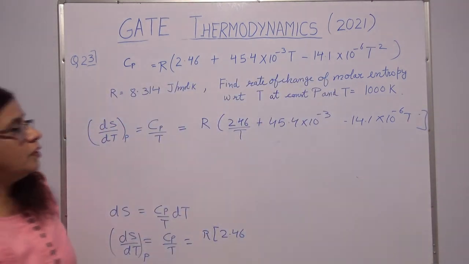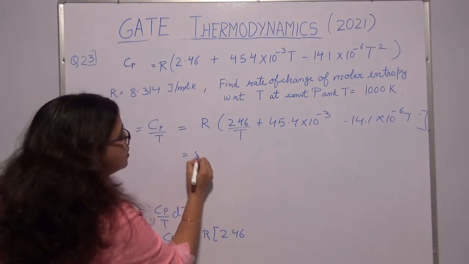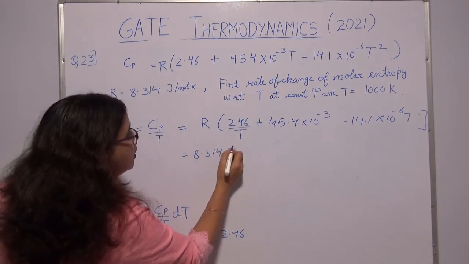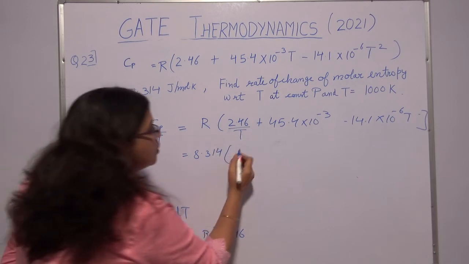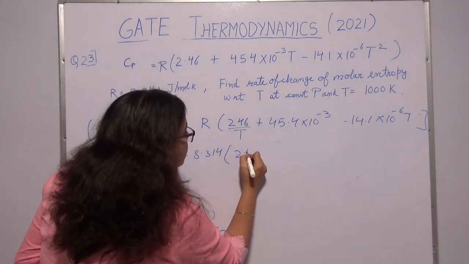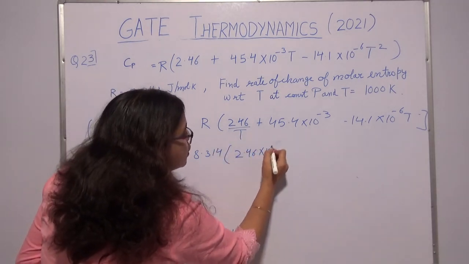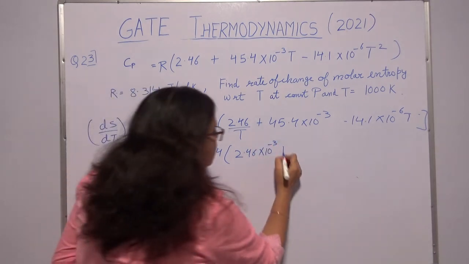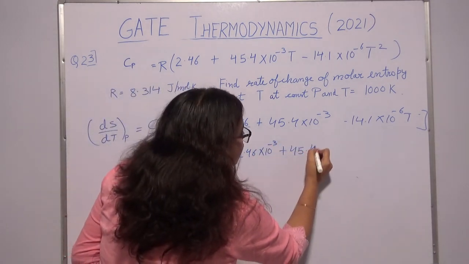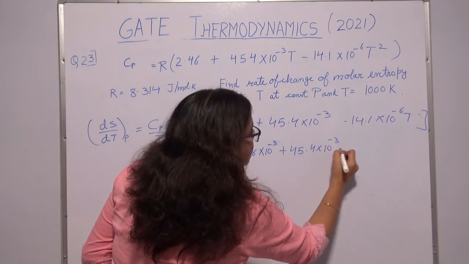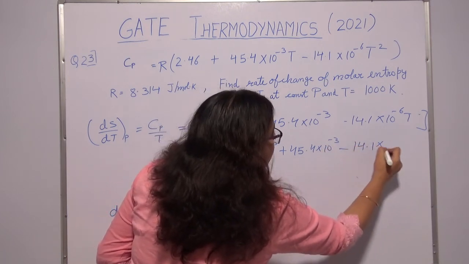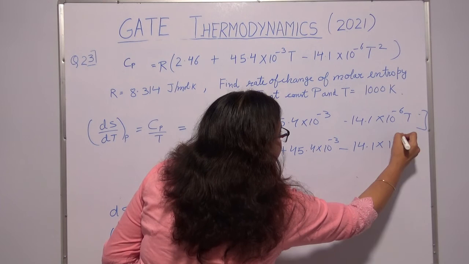Now let's put in the values: 8.314 and T is 1000. If I take it in the numerator, it becomes 2.46 into 10 raised to minus 3 plus 45.4 into 10 raised to minus 3 minus 14.1 into 10 raised to minus 3.